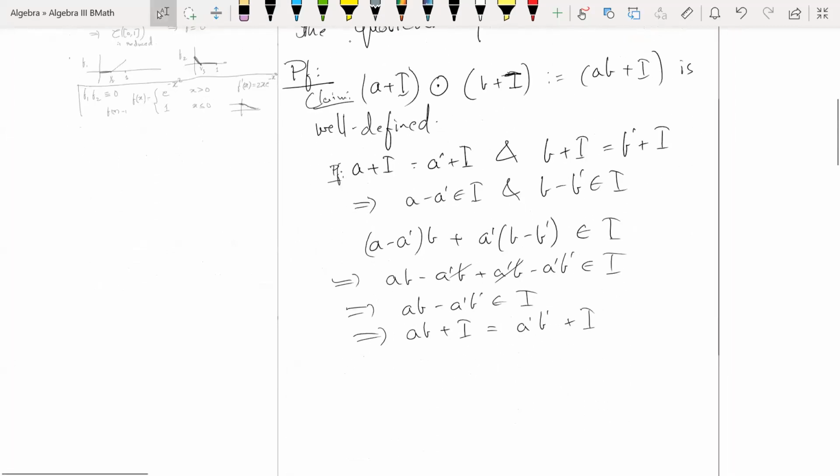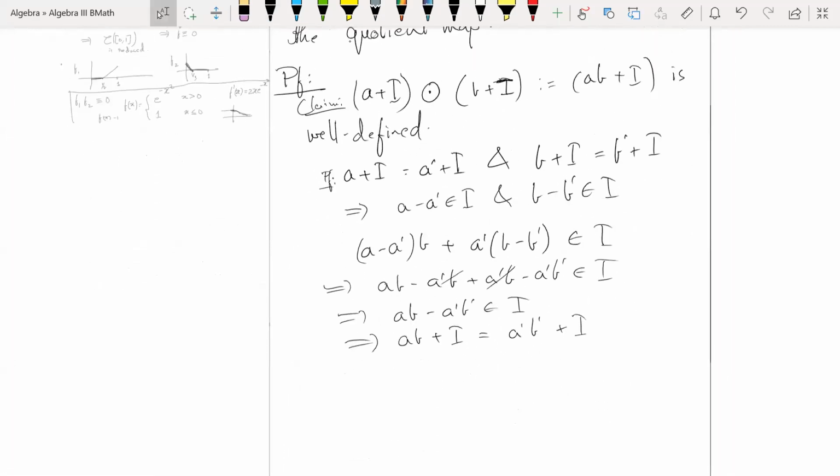Associativity is clear from the fact that multiplication in R is associative. I'll just leave it as an easy exercise for you if you can't see it immediately. It's just an observation.